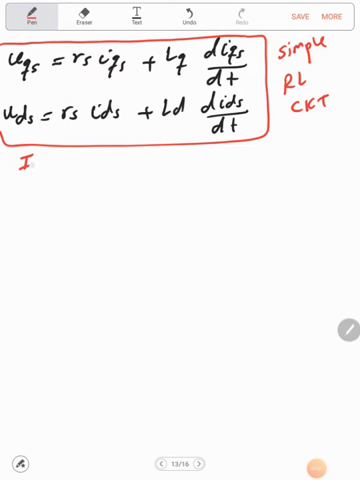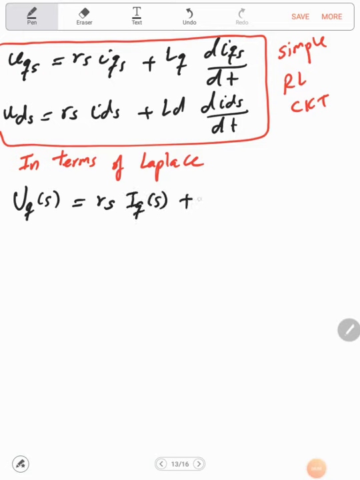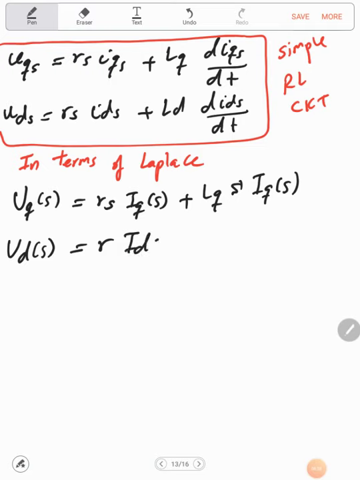So in terms of Laplace, we have UQ of s equal to RS IQ of s plus LQ s IQ of s, and the same thing here for UD of s equal to RS ID of s plus LD s ID of s.